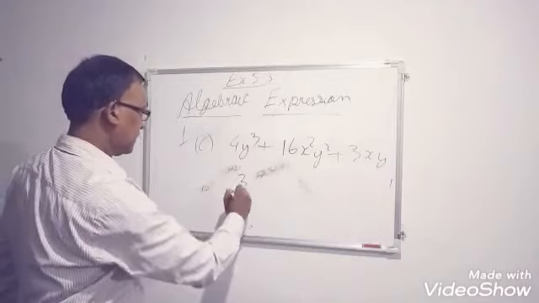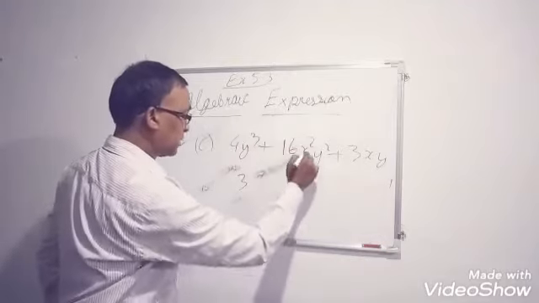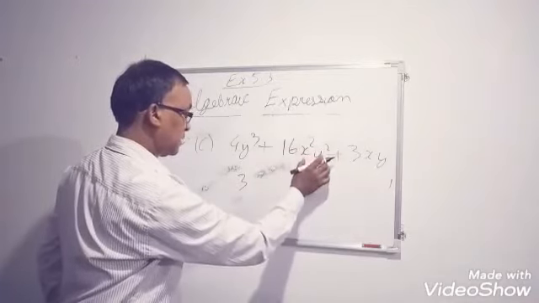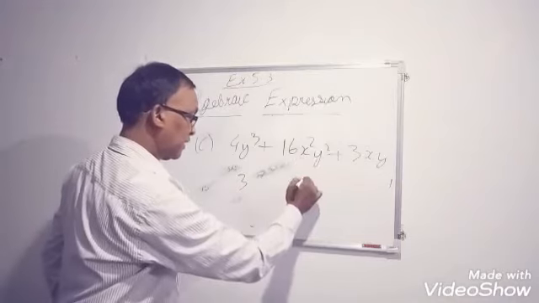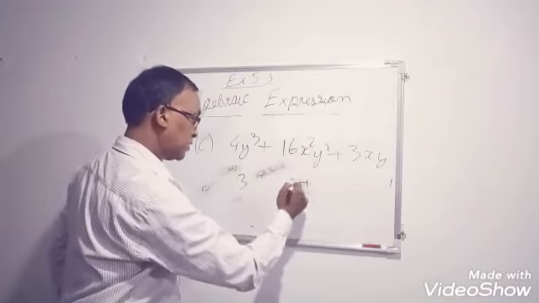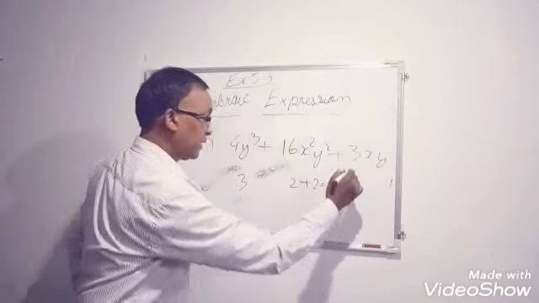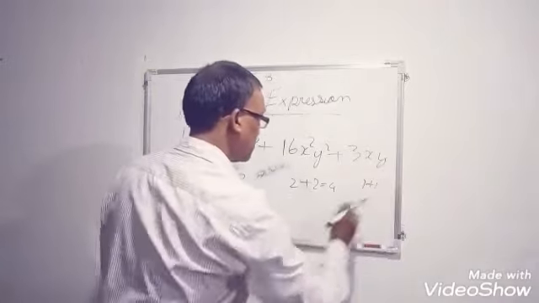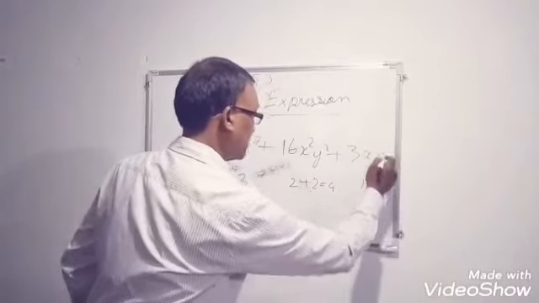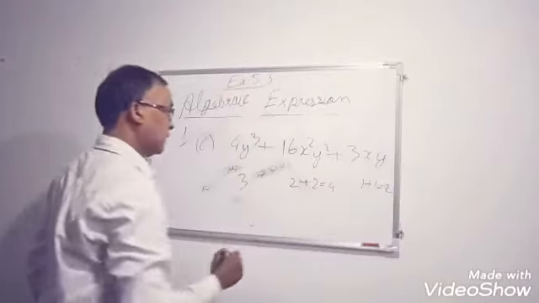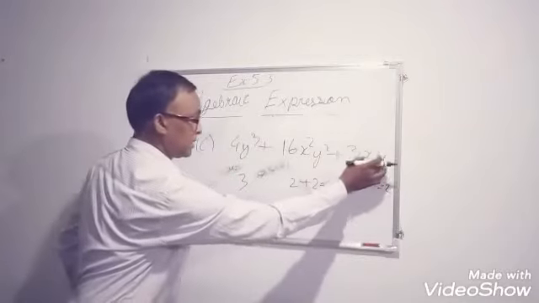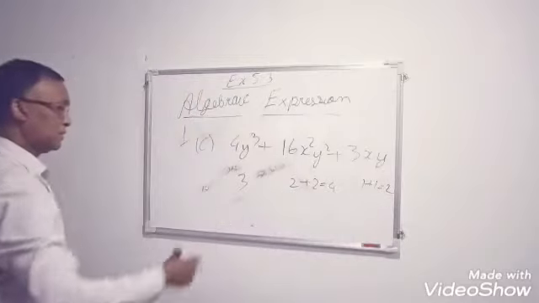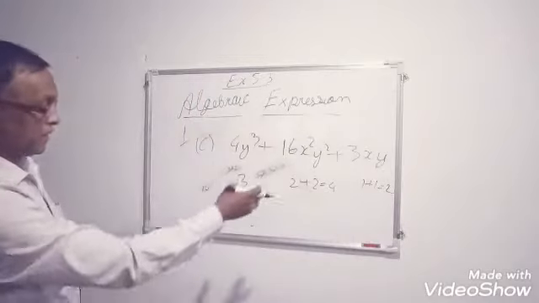So here the first exponent is 3, and here the exponent is 2. This has more than one variable, 2 variables are there, so we have to add up the exponents. 2 plus 2 is 4, here 1 plus 1 is 2, here the exponent is 1, here the exponent is 1, so 2, and here 2, if you add up 4.